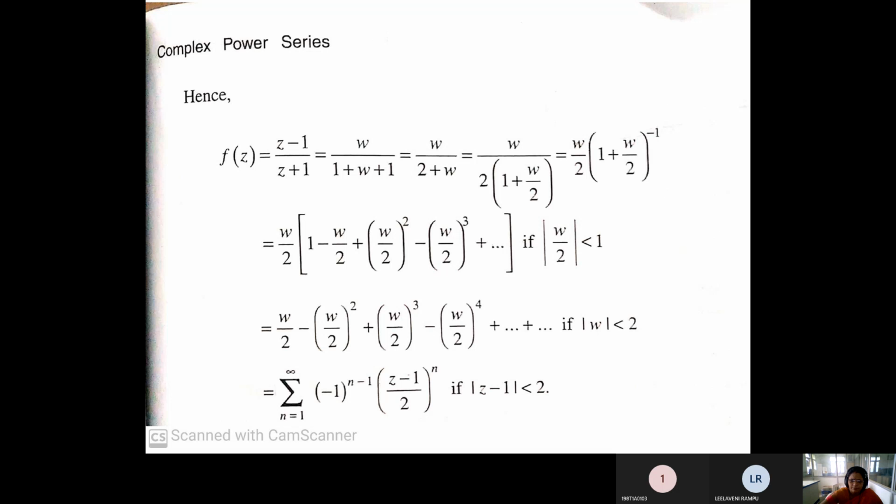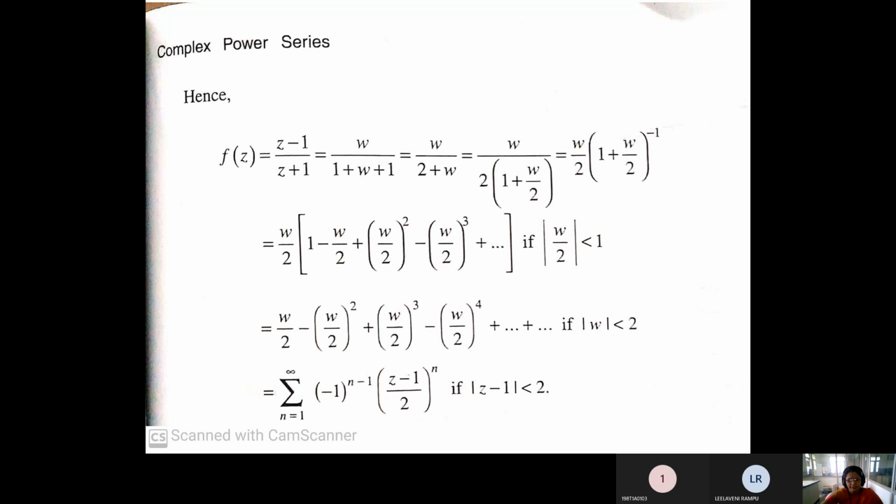In the place of z we have w by 2, so mod w by 2 less than 1. Multiplying by w by 2, we get w by 2 minus w by 2 whole square plus w by 2 whole cube plus and so on. Multiplying 2 on both sides, mod w less than 2.